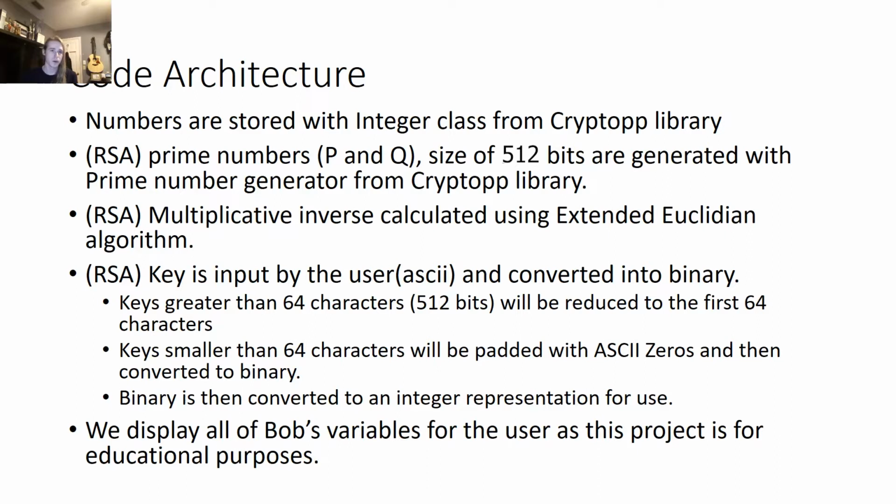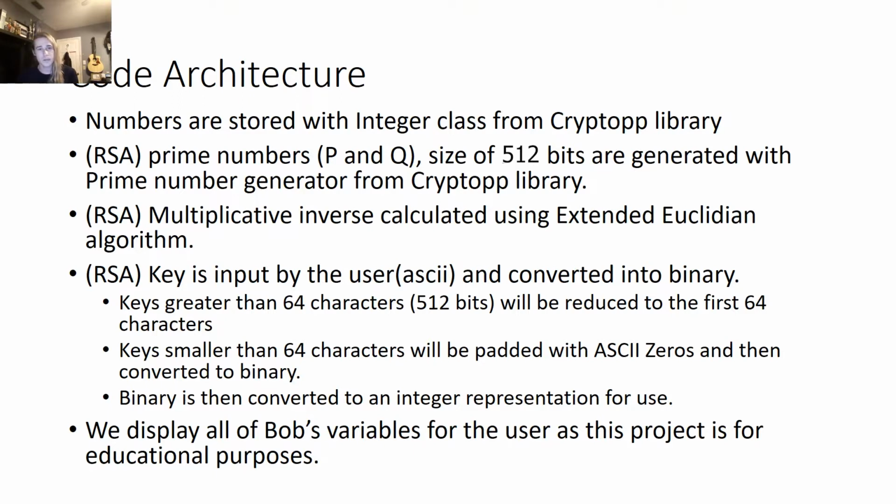So, code architecture. The numbers are stored with the integer class from the CryptoPP library, just standard. Our prime numbers P and Q are size 512 bits, so we will get a 1024-bit integer. And these are generated with the CryptoPP library, so I did not do a primality test to check that these are prime, as this is going to return a prime number every time.